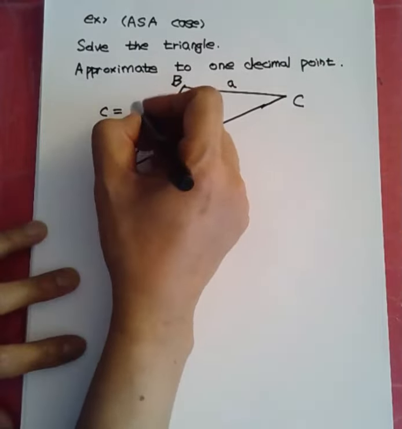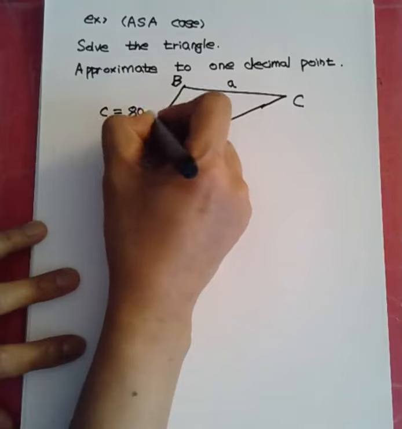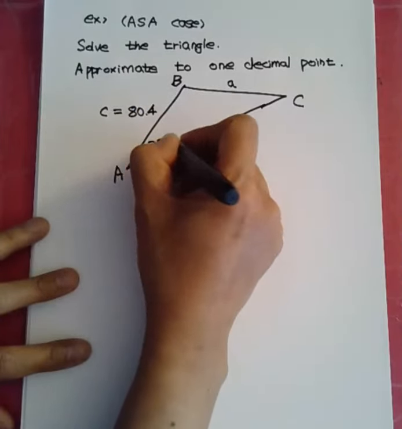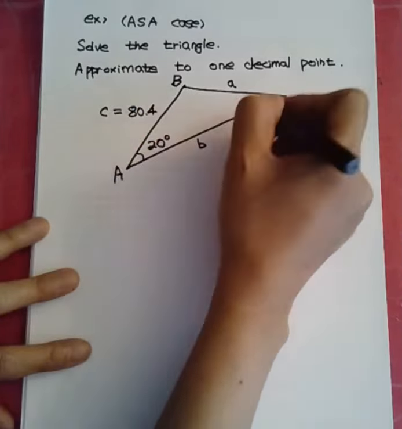Side length C is given as 80.4, and angle A is given as 20 degrees, and angle C is given as 25 degrees.